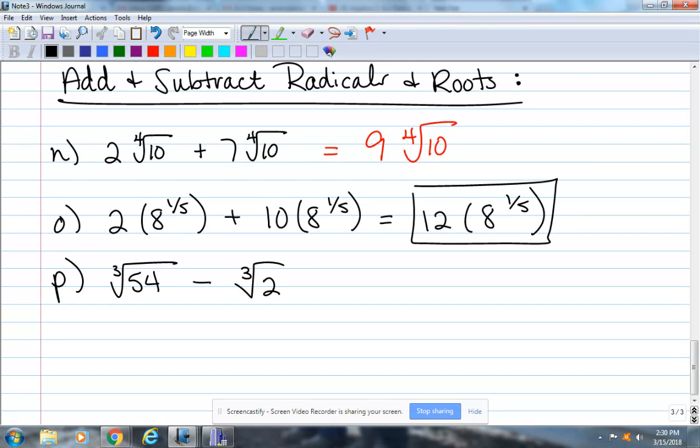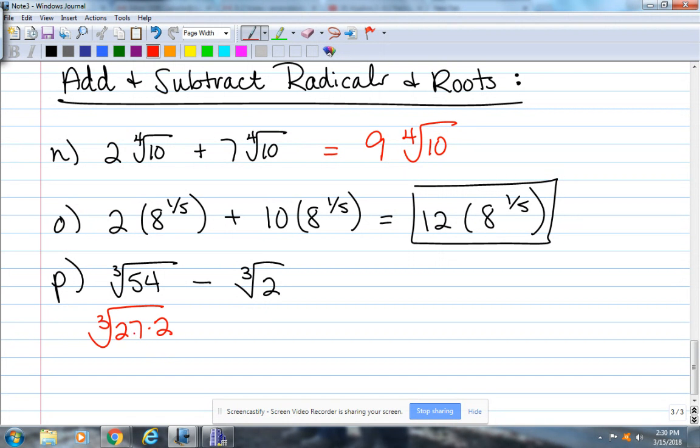Does 8 go into 54? No. So look at your cube root chart. Okay, so 27. Is 27 going into 54? Yeah, ma'am. How many times? So this is the same thing as the cube root of 27 times 2.